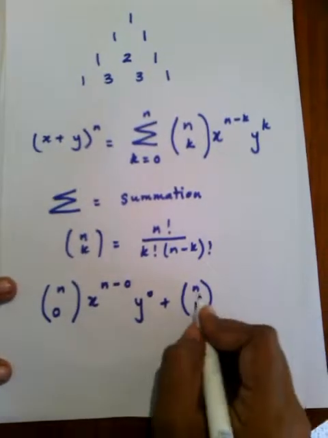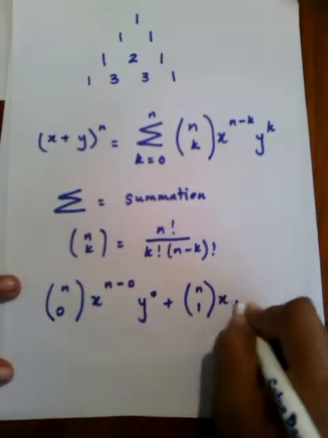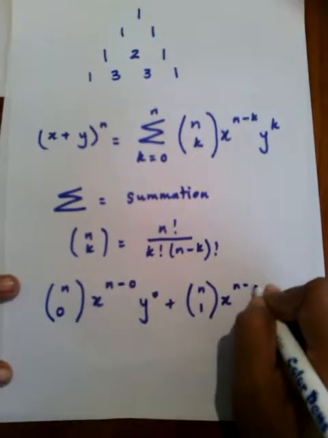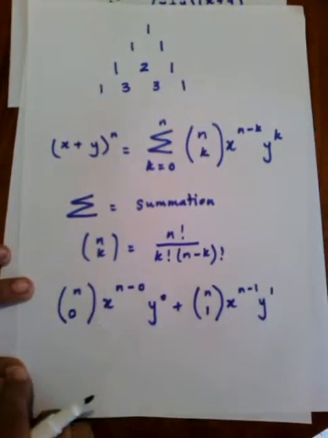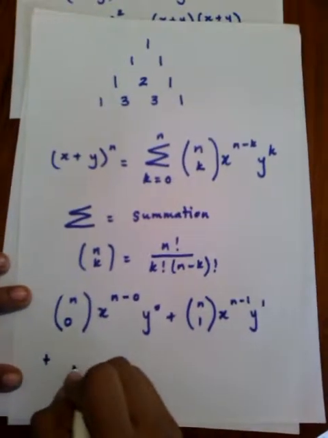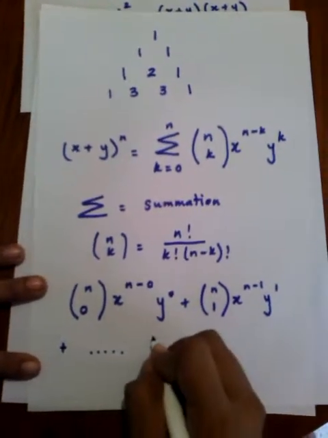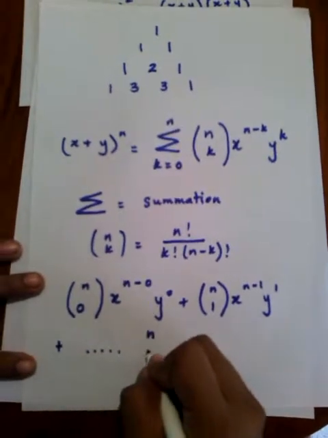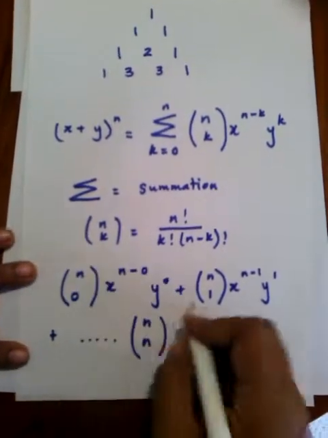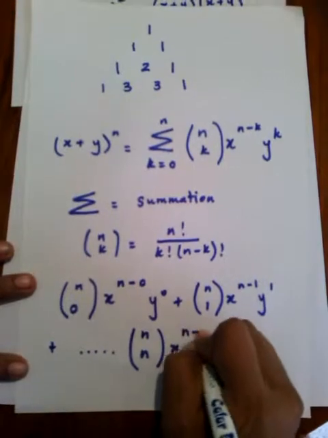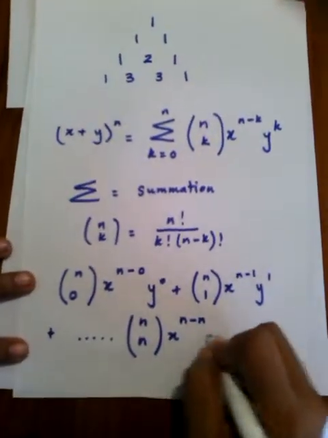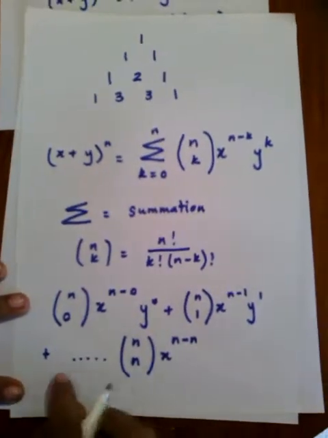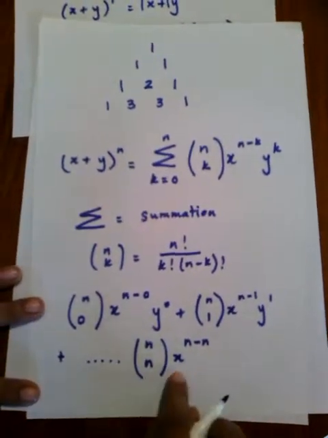So it goes n choose 1 times x to the n minus 1, because k is 1, y to the 1, plus dot dot dot all the way to n choose n, that's my last term, x to the n minus n, because k has marched all the way to n. And what is n minus n? That's just 0. X raised to 0 is just 1.